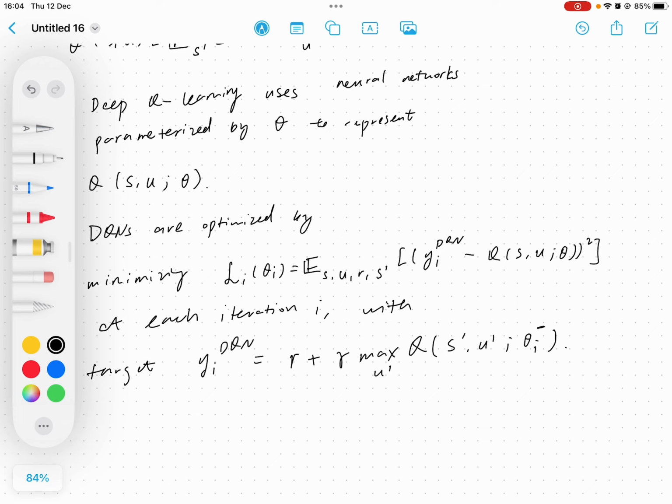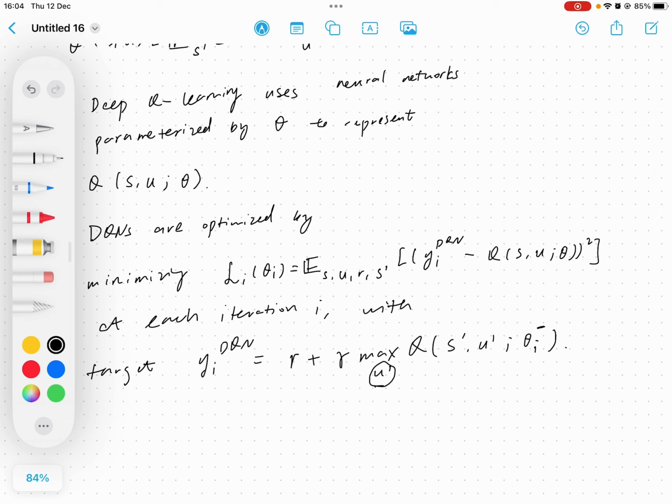So this is essentially constructing this label or target by decomposing the current reward R and the maximum future rewards. The maximum of the future rewards is obtained, and this is very important, by choosing some optimal action in the next state, in the next period, U prime.